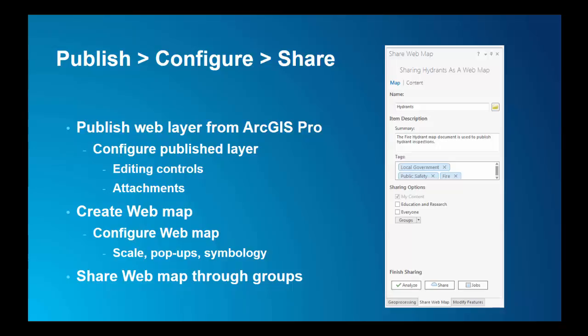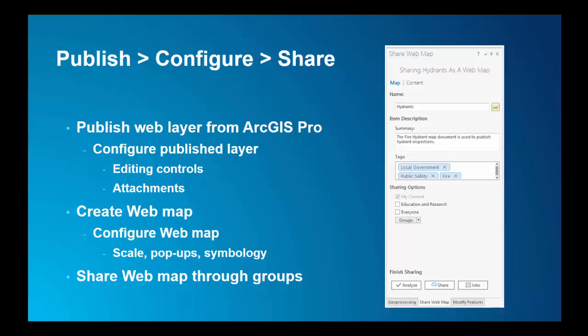Now, to be clear, what's actually happening with this tool, which is the Share Web Map tool that I've got a screenshot of there on the slides, is that when the tool runs, the layers that exist in the map are published first. So those layers are published. Once published, a web map's created with the default extent and the symbology captured within that.